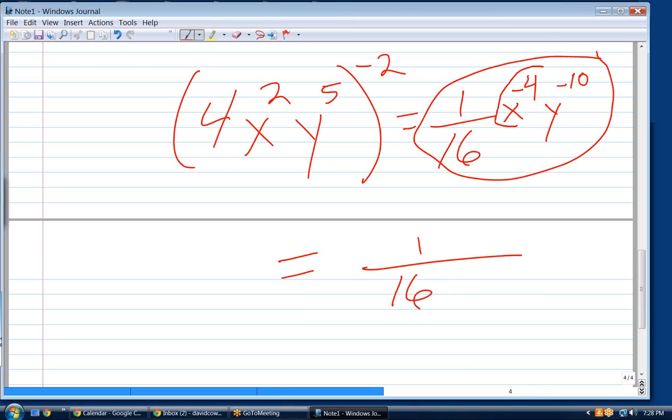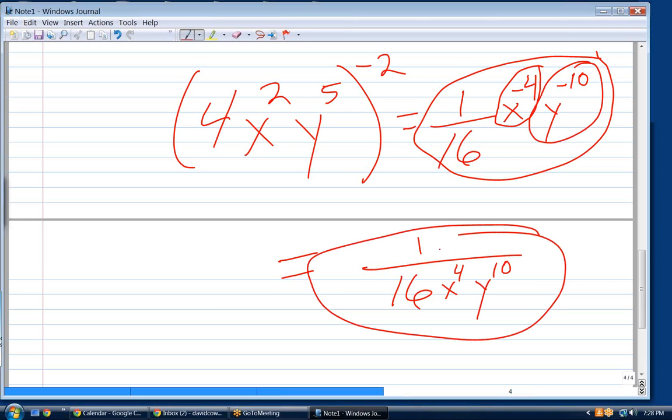The x to the negative fourth merely means that it goes in the denominator to the positive fourth, and the y to the negative 10th merely means that that goes in the denominator to the positive 10th. So there's your answer.